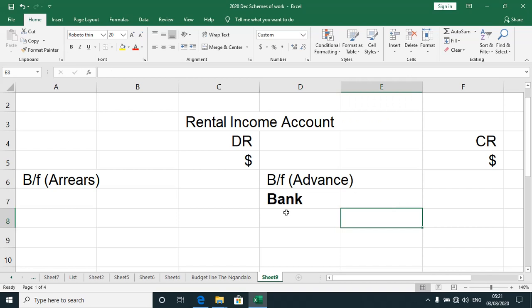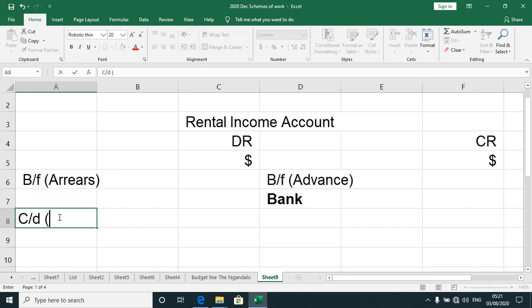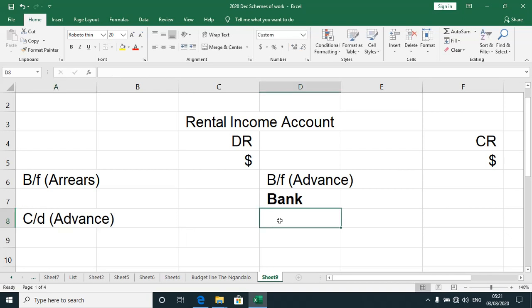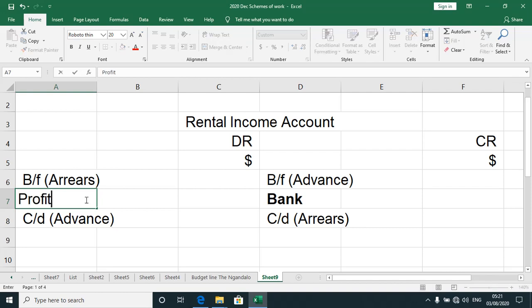What you receive as money from your tenants should be credited, because bank is to be debited. Then carry down closing advance, that is amounts paid in advance for the following year, should be put on the debit, and carry down arrears, the defaulted amounts in the current year, should be put on the other side. What we're looking for is a figure to transfer to the profit or loss.